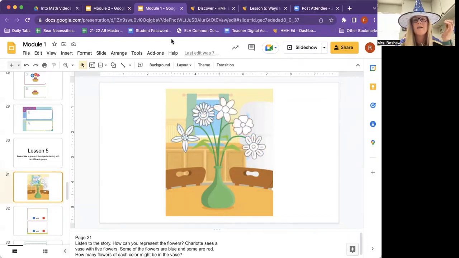Let's try again. I'm going to do a different number this time. Coloring my blues. Some blue and some red. Do I have some blue and some red here?